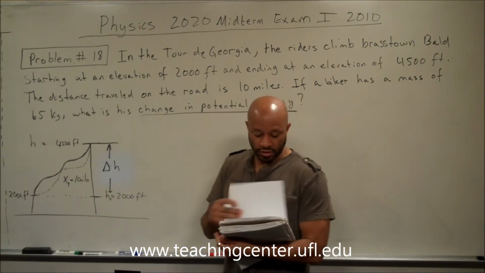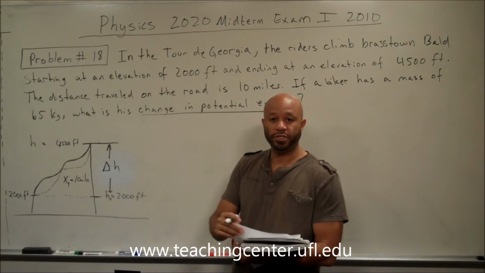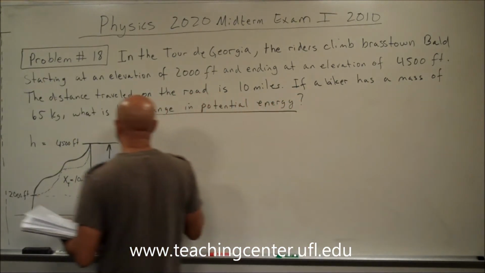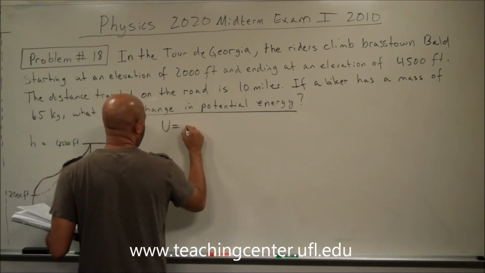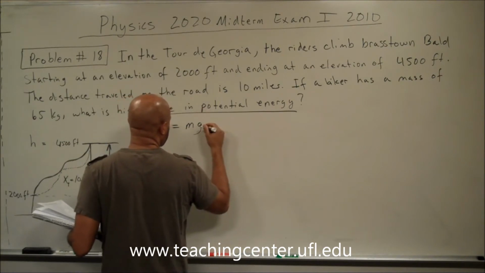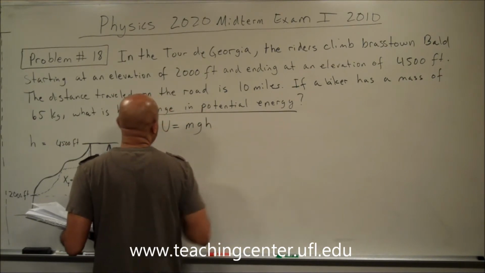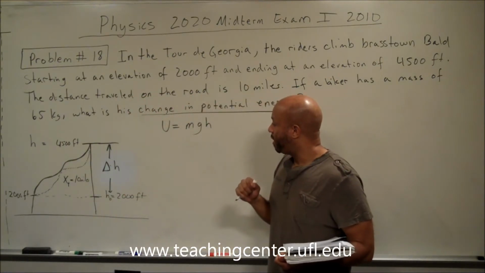If you look on your formula sheet, under conservation of energy, we denote the potential energy with a U, and we define it as the mass times the acceleration due to gravity times your vertical height.